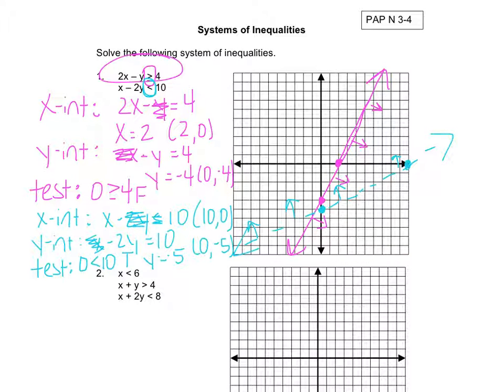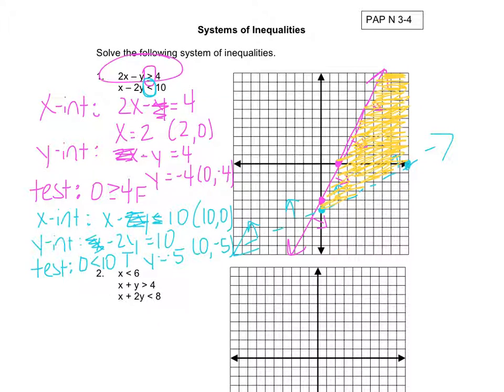Okay, so your solution is the double shaded area, so where they're both shaded. So notice the pink one is below, the blue one is above. So your double shaded area would be this section here. So when you're solving a regular system of equations, you're trying to find the point or points that they have in common.